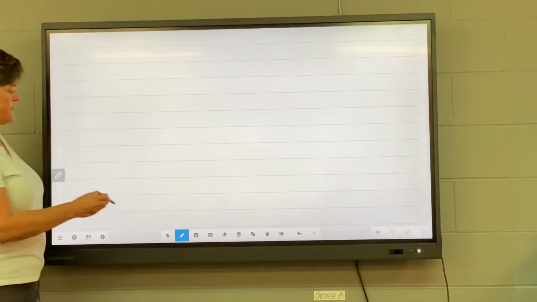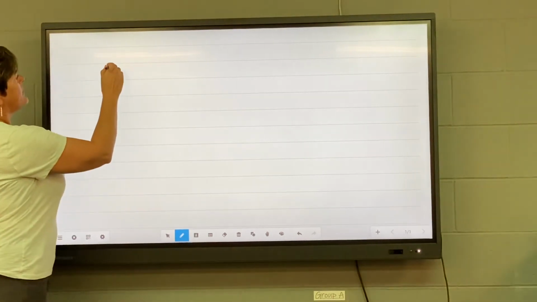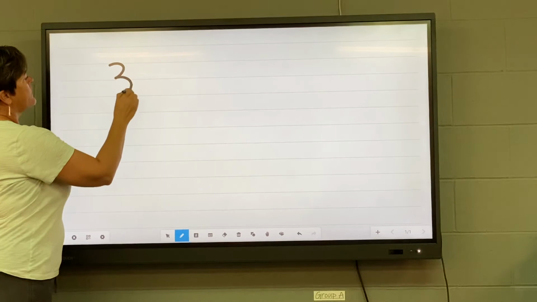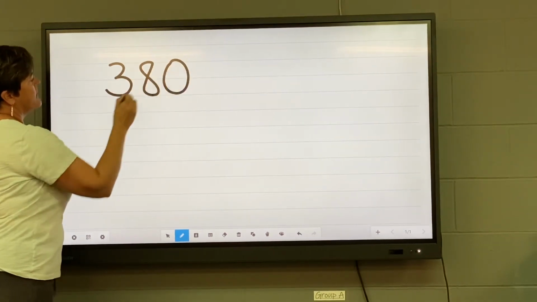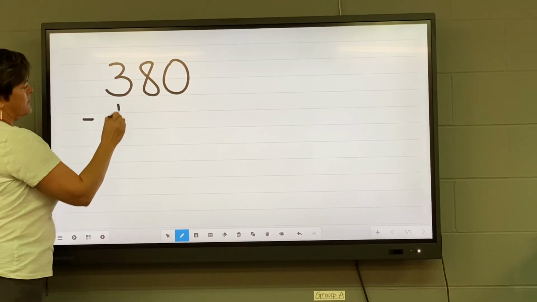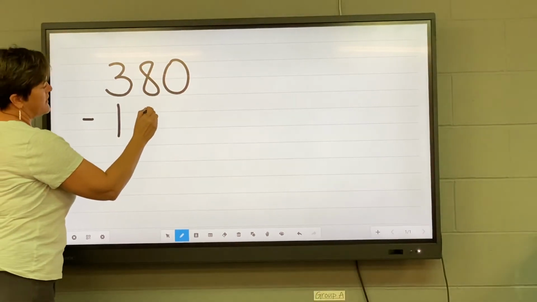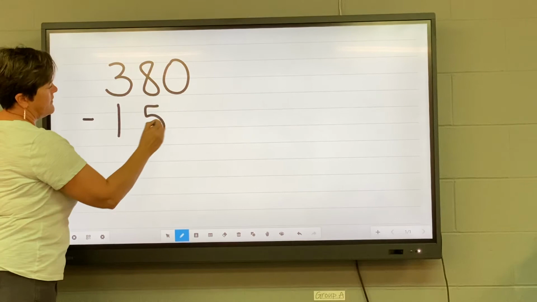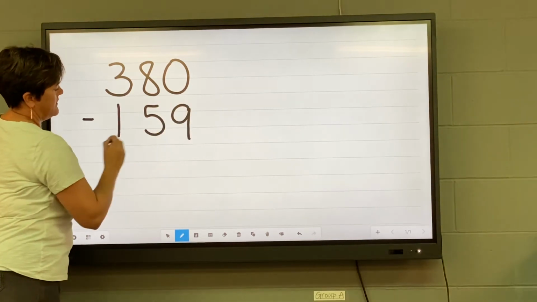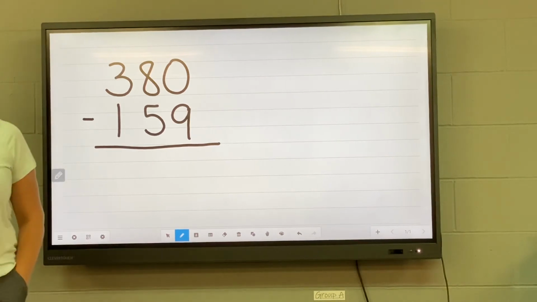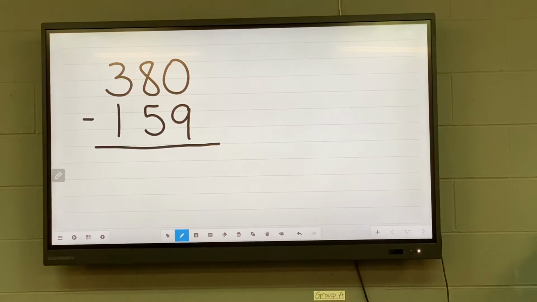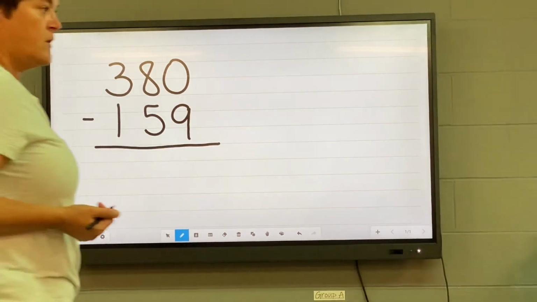Let's try another one. 380 minus 159. Show me the best way for you to solve this, the quickest way for you to solve this.